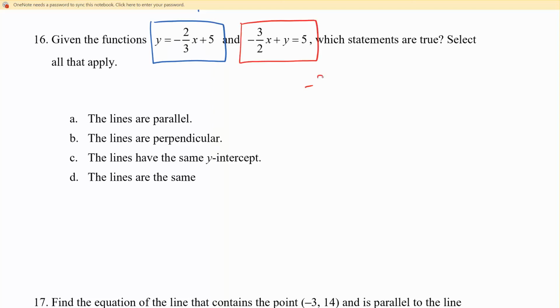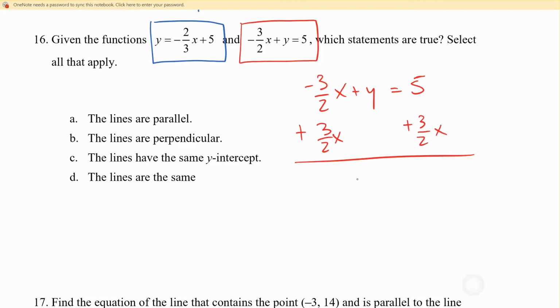So we've got negative 2/3 x plus y equals 5. We need to add 2/3 x to both sides, and we get y equals 2/3 x plus 5. And so we've got a slope of 3/2 and a slope of negative 2/3.